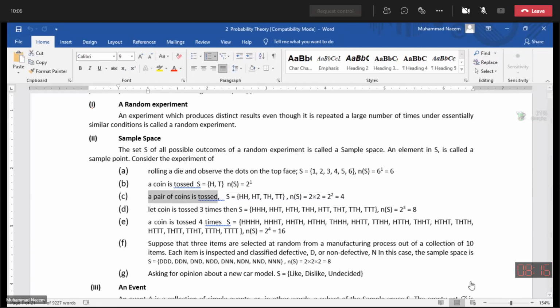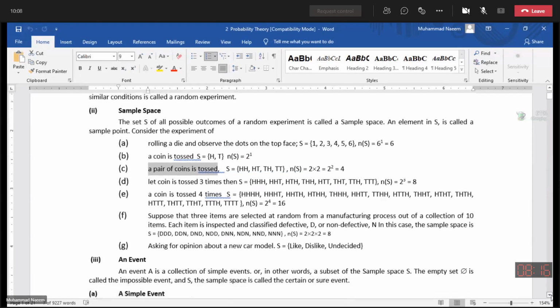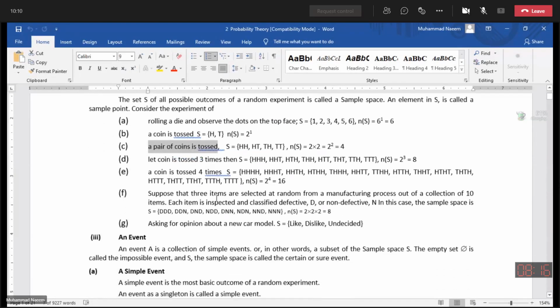Other than this, sometimes we pick an element, we select an element, we draw an item, we draw an element, or in other words we draw a sample, let's say.